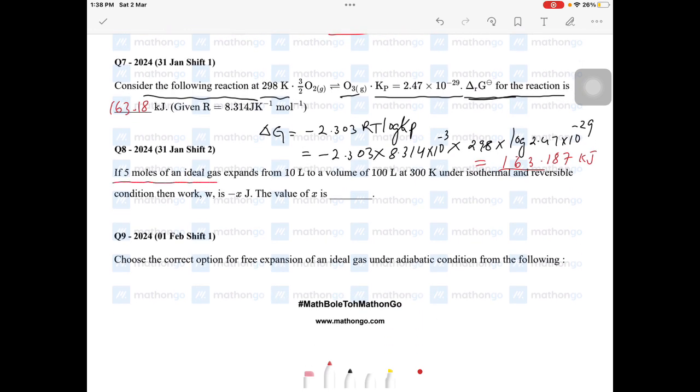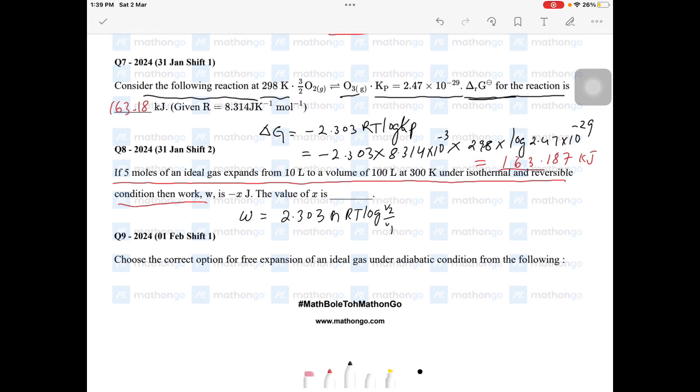Next, eighth one. If 5 moles of an ideal gas expands from 10 liters to a volume of 100 liters at 300 kelvins under isothermal and reversible condition, the work done is. For that, the formula is W is equal to 2.303 nRT log V2 by V1.